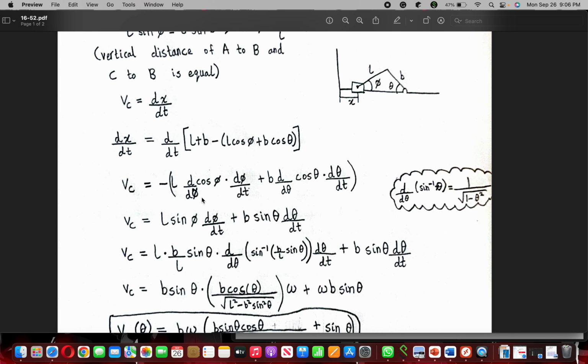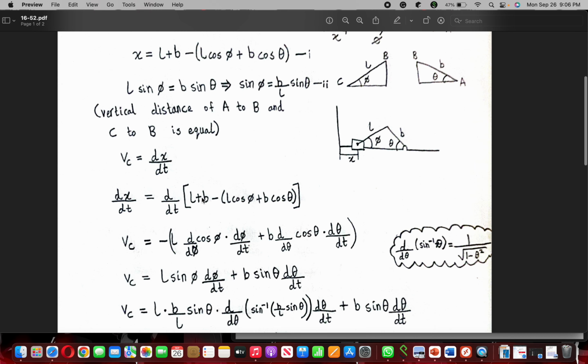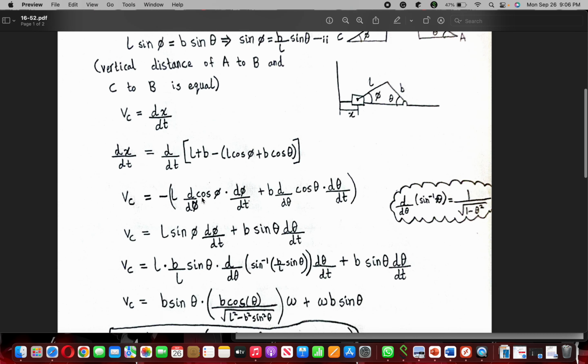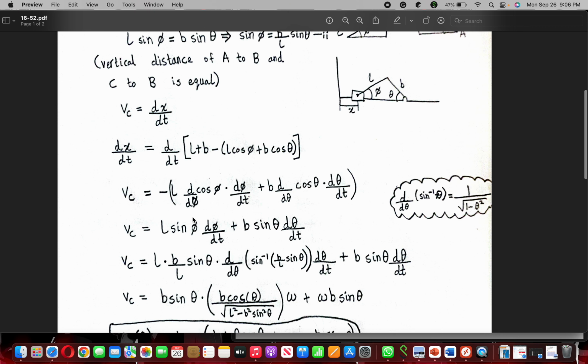So to do that, we use equation number 2, which is sin φ equal to (b over L) sin θ. That will replace sin φ.